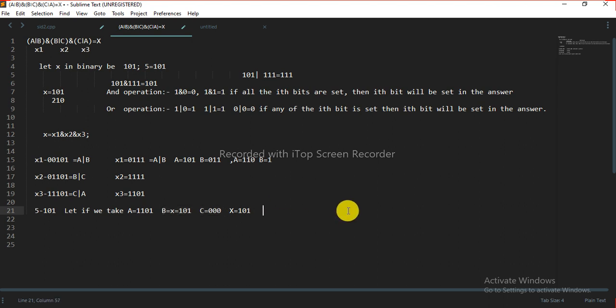So A or B is equal to 1101, B or C is equal to 101, and C or A is equal to 1101. If we do the AND of these, we will get 101 only. We will get our answer.